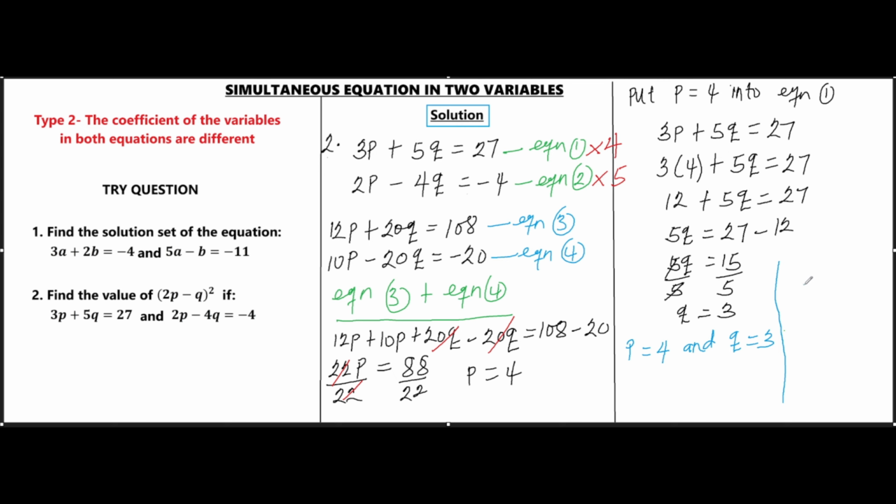Remember, we are to evaluate this particular expression, which is 2p minus q all squared. Now, 2p, what did we get for p? P, we had 4, okay, and then minus q, we had 3.